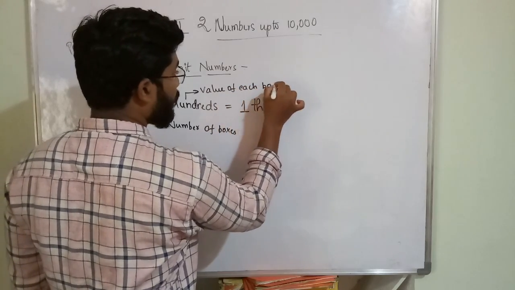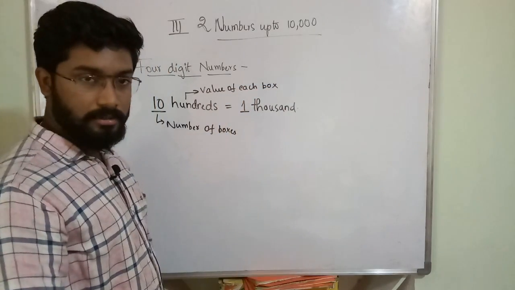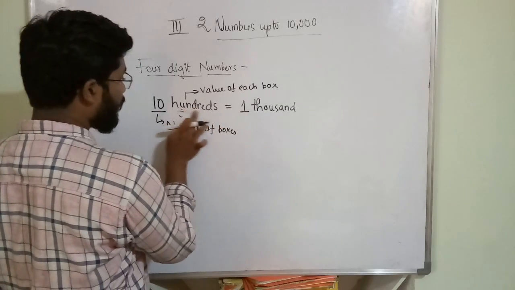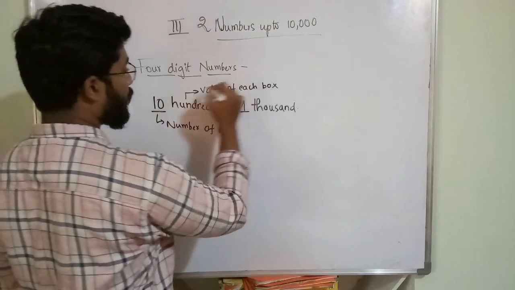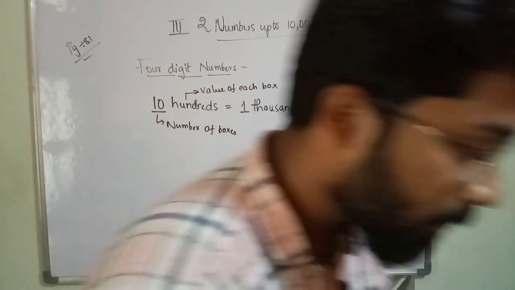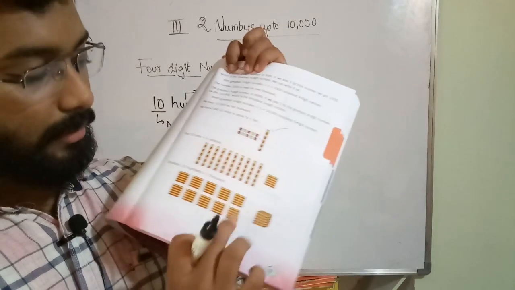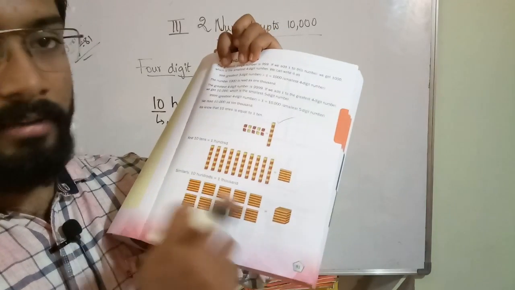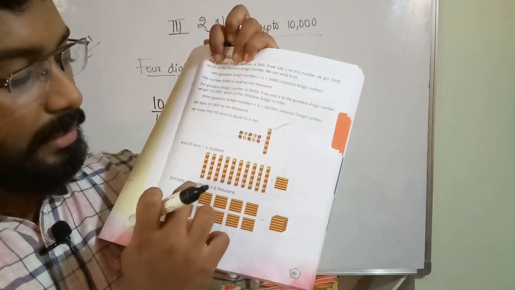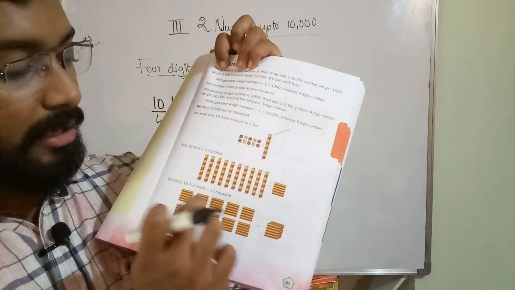So we are talking about hundreds box at present. The value of each box is 100. The number of boxes is 10 here. So this 10 represents the number of boxes and hundreds represents the value of each box.